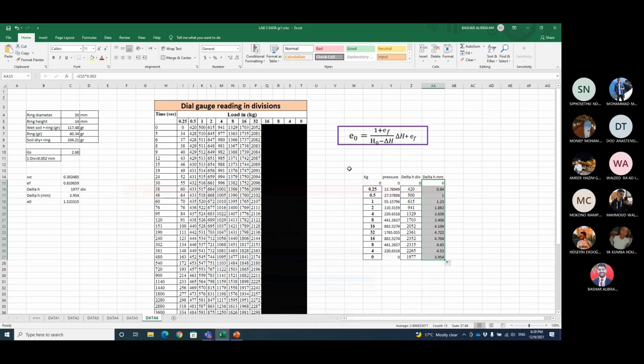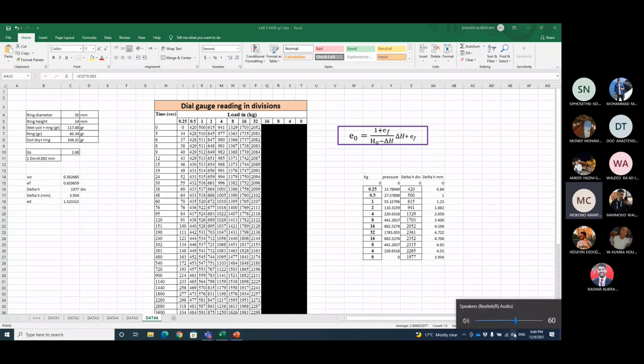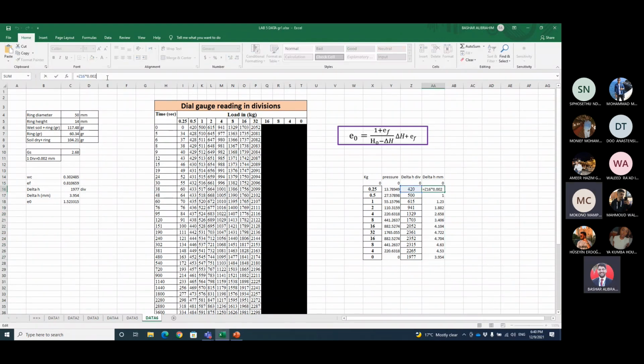Sorry, sir. Yes. To find the division, we don't need to multiply it by 2.54. No, I multiply it, look, by 0.002 for every cell. The division, you take it as it is.